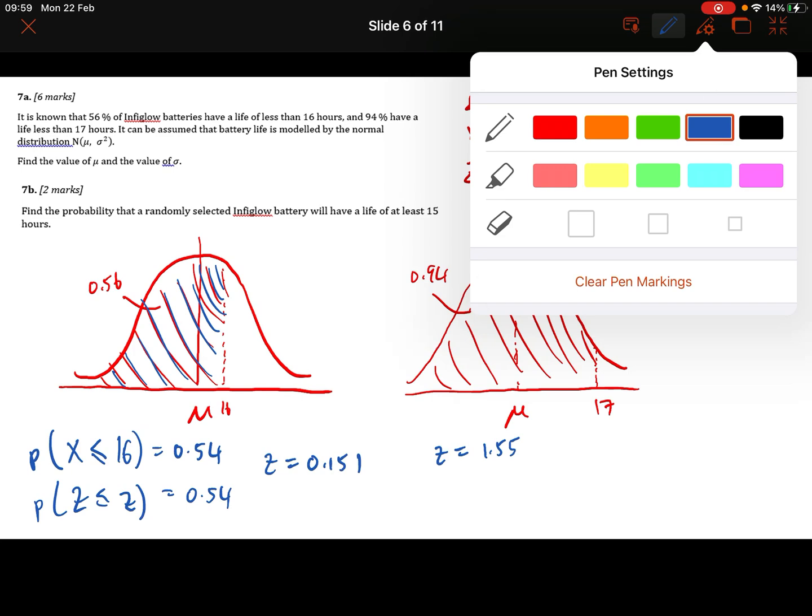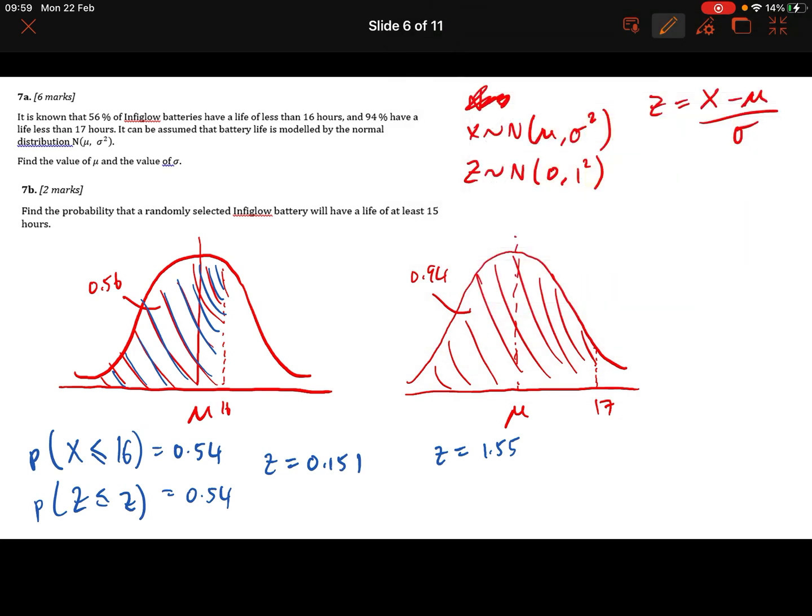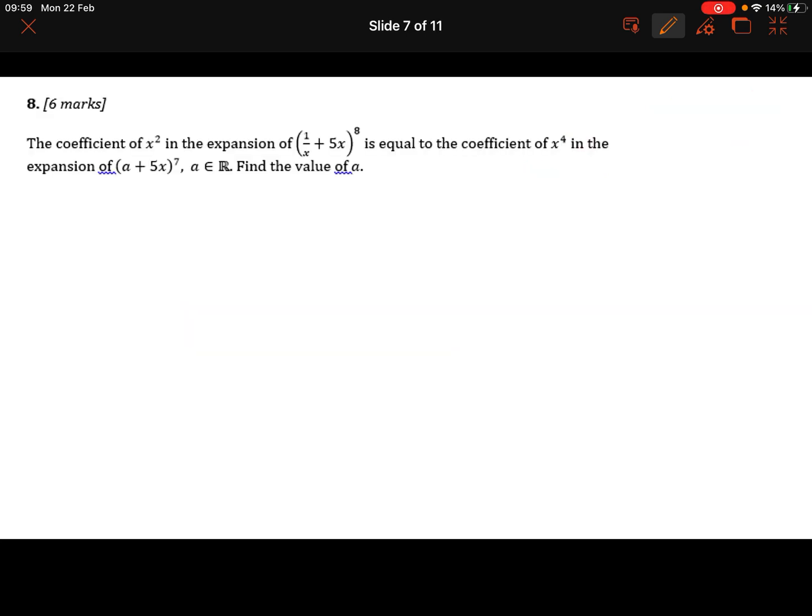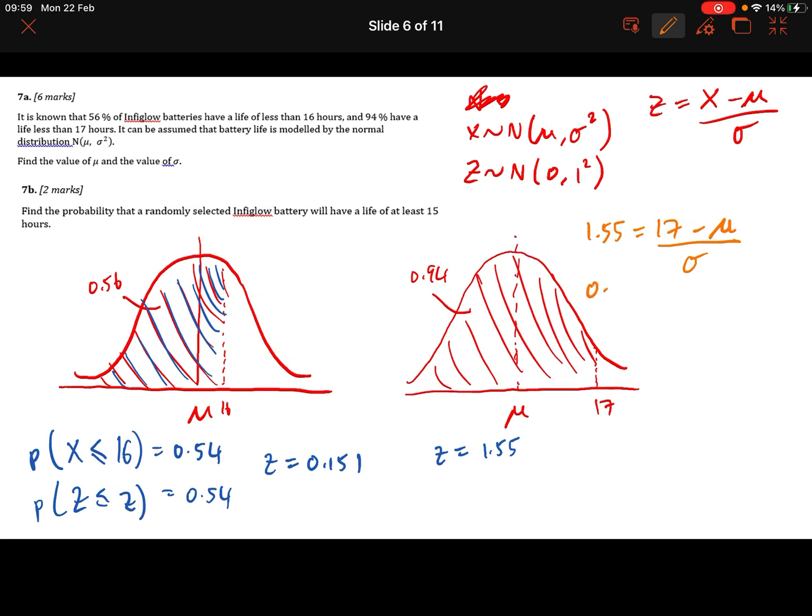So all we're saying is that 1.55 must be equal to 17 minus the mean, over the standard deviation. And also, 0.151 is equal to 16, because that's the appropriate x value, minus the mean, over the standard deviation.